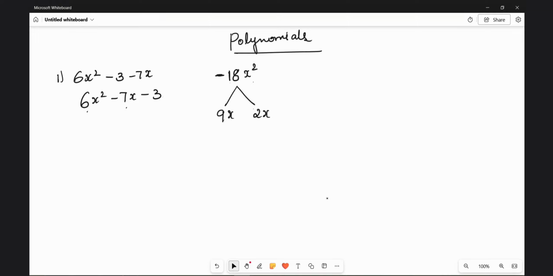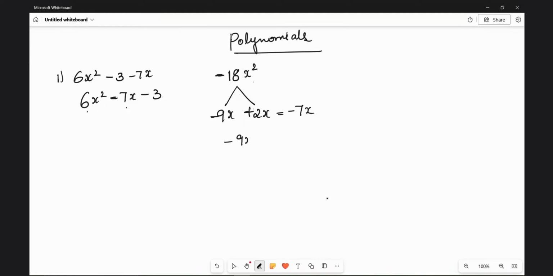The bigger number should be minus, smaller number should be plus. So minus 9x plus 2x will be equal to minus 7x.